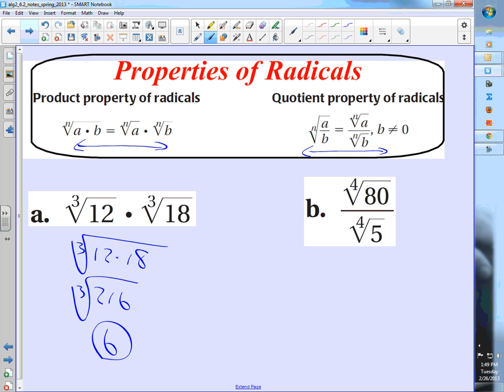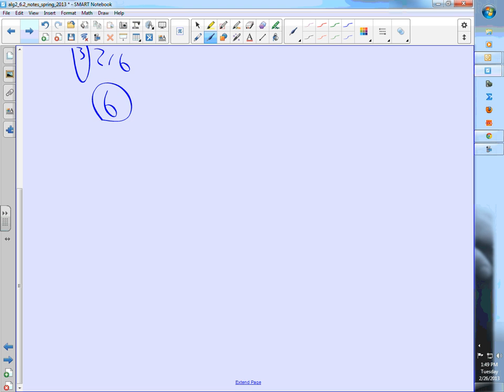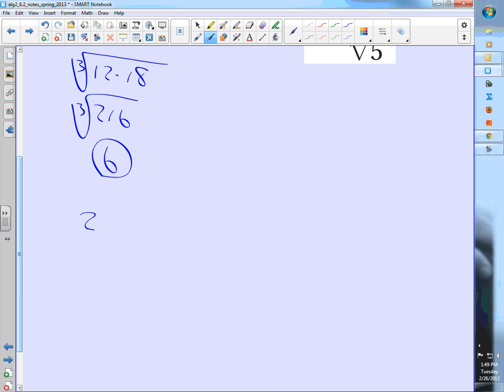Shalaki, I don't know the cube root of 216. Right? If you don't know that the cube root of 216 is 6, then you're going to have to go and tree it. You got to be able to tree these. So saying you can't tree them, then that's a problem.